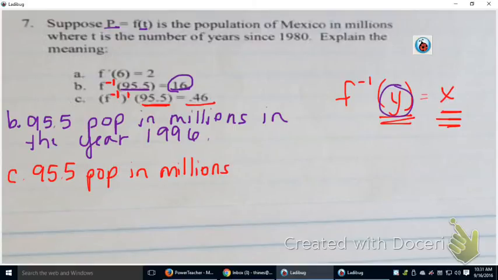But this 0.46 is a rate because of the prime. And so 0.46 says that something is changing. Well, if 95.5 is the y, then instead of us saying that the millions are changing, we have to say that the years are changing.